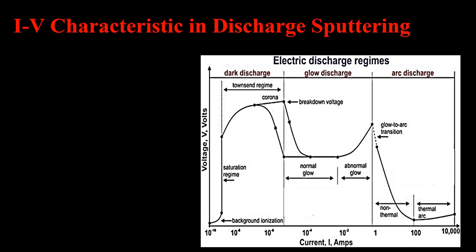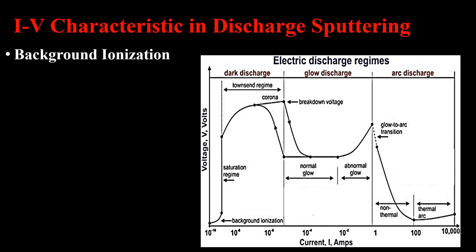But it also has an impact from the ionization of the argon or inert gas present inside the sputter apparatus. So the current behavior with the applied potential is divided into different regions, which depend on the ionization of the inert gas present inside the chamber.